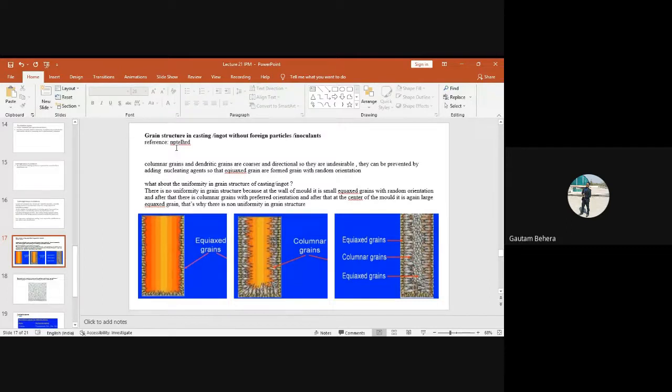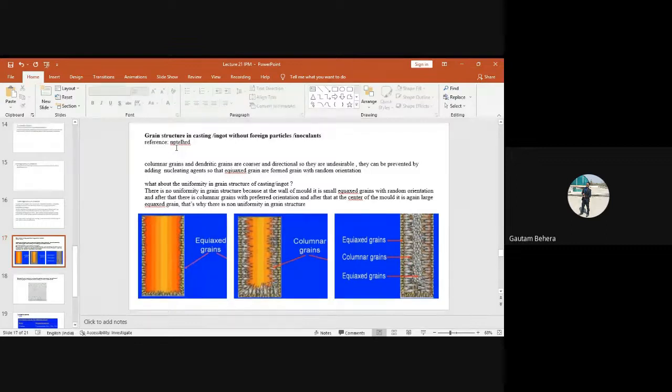You have molten cast iron, and you have two molds. In the first mold, you are pouring the molten cast iron. In the second mold, you are pouring the molten cast iron and intentionally adding some silicon, some silicon carbides, or some alloying elements or foreign particles. But in the first mold, you are not adding any kind of foreign particles.